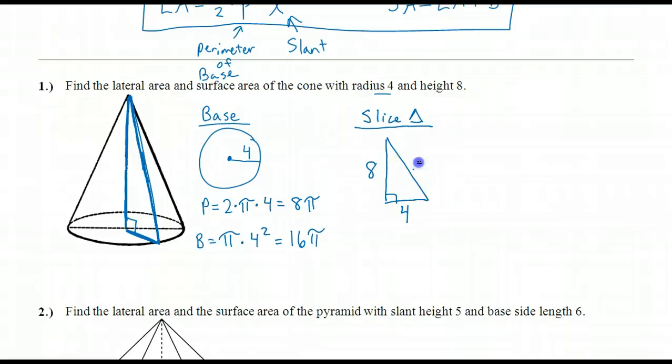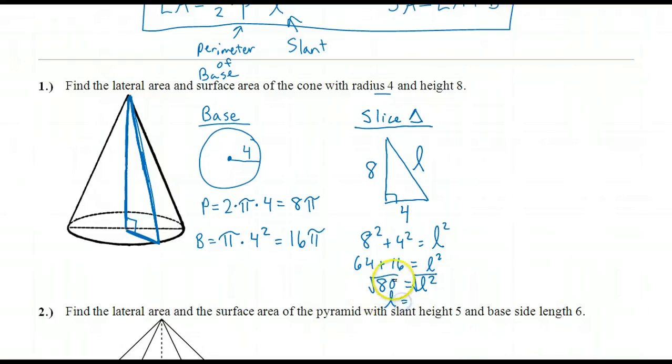So I need to figure out my slant height. To do that, I'm going to use the Pythagorean theorem. 64 plus 16 equals L squared. 64 and 16 is 80. Take the square root.